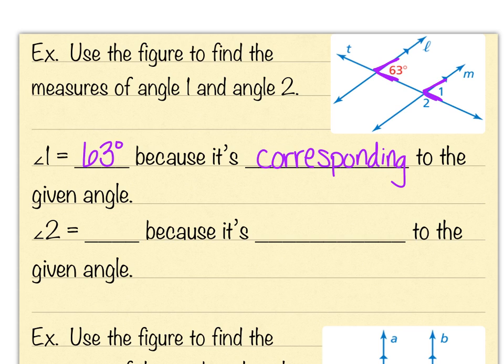Now, angle 2 is an obtuse angle, so there's no way that angle 2 can be equal or congruent to the 63-degree angle. And so the only type of angle relationship that's formed by these two parallel lines and a transversal, the only one that's not equal, is the angle relationship that says they're supplementary.